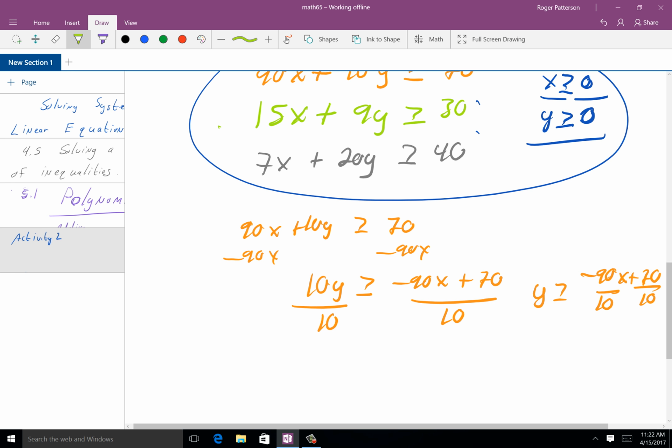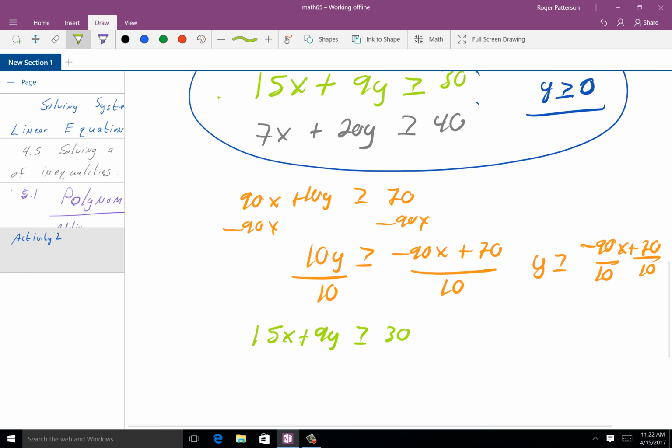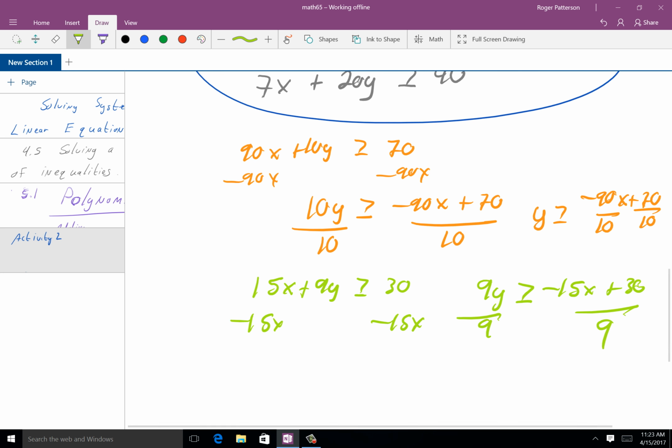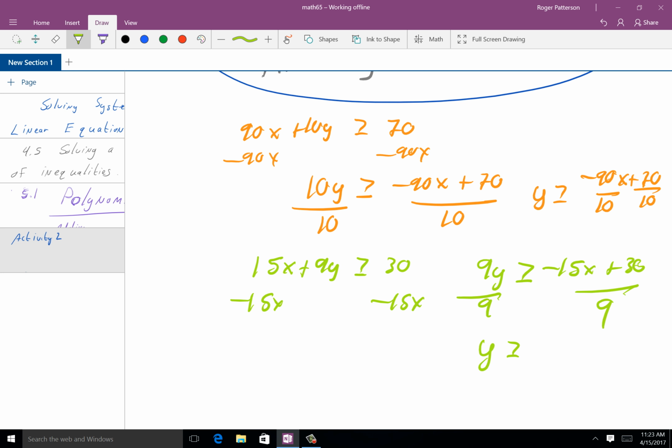Now I'm going to take the second one and do the same thing. I've got to solve it for y. So I'm going to move that 15x over. 9y is greater than or equal to negative 15x plus 30, divided by 9, divided by 9. When I looked this up last night, I just picked a cereal, and these were actual numbers because I like to use actual stuff.